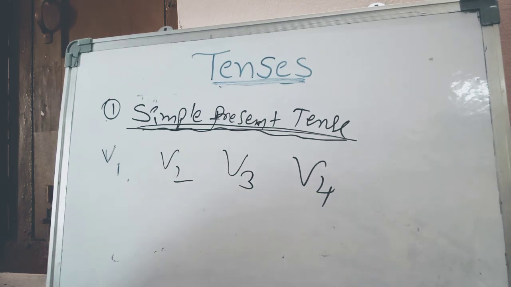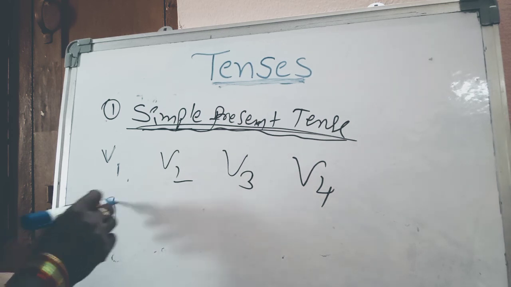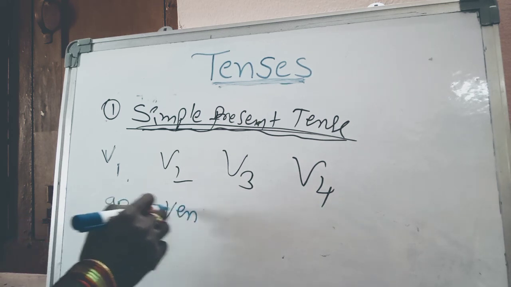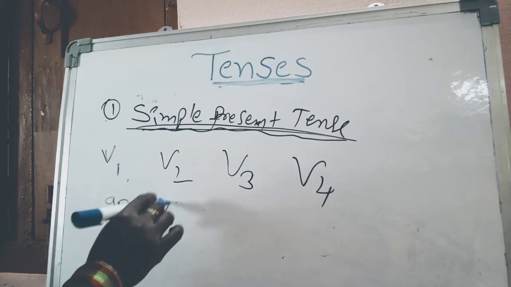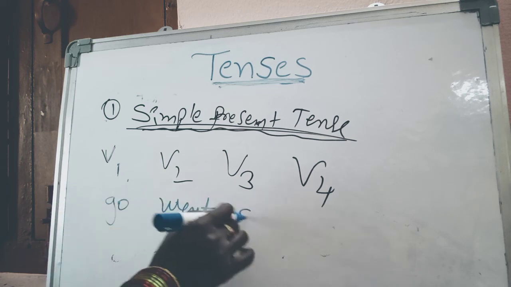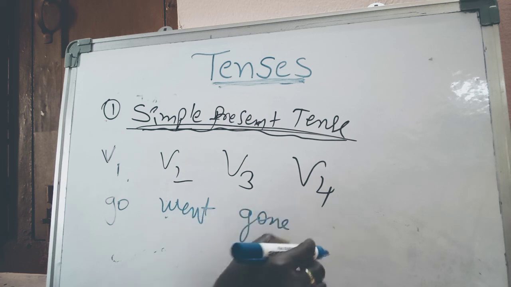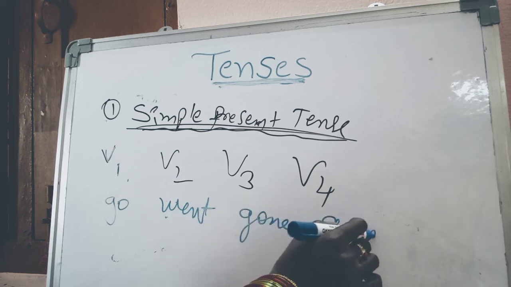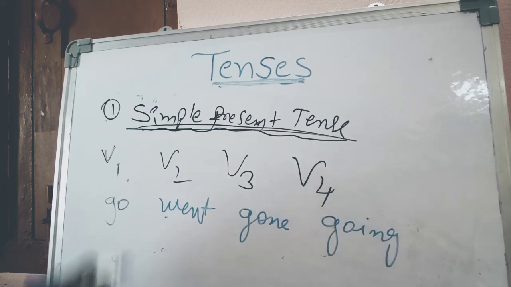For example, if you take go: went, gone, going. This is V1, V2, V3, V4.